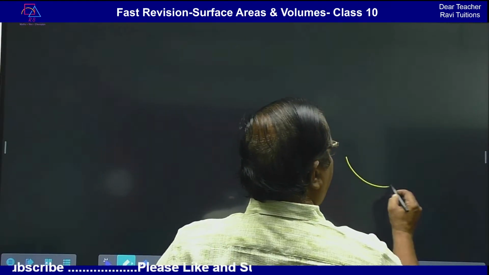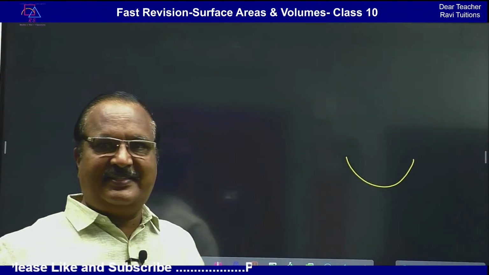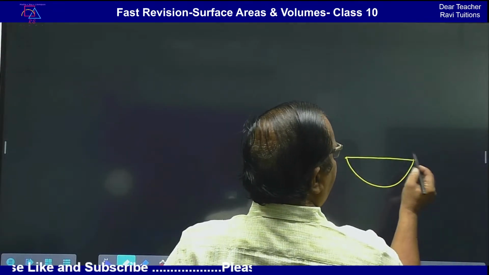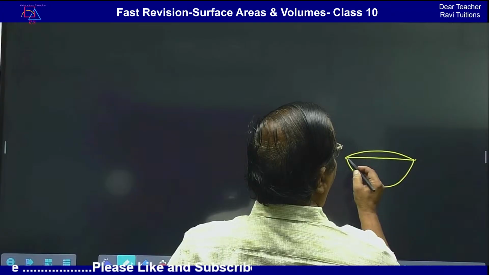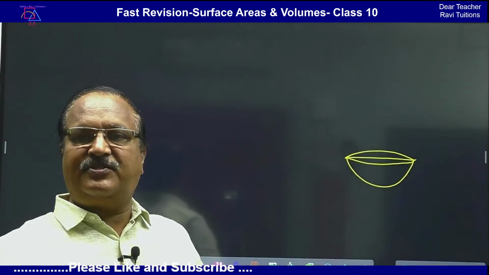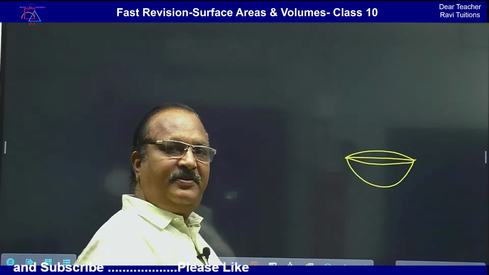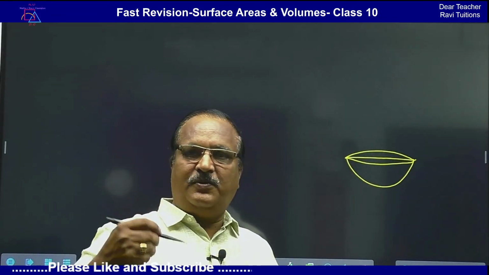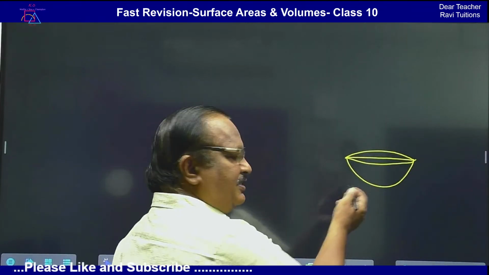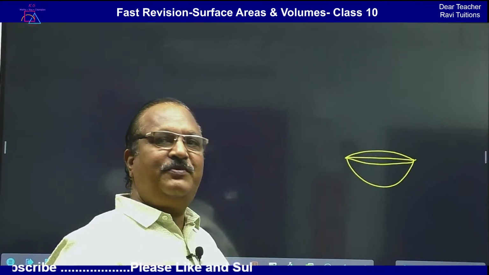A solid is in the shape of a cone standing on a hemisphere. So you just draw the hemisphere like this. Now this is the diameter. If you are good at drawing, better to learn drawing, because if the examiner correcting your board exam paper is impressed with the diagram, he will give the marks.